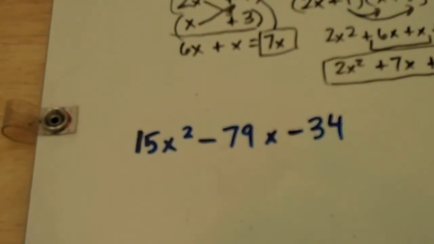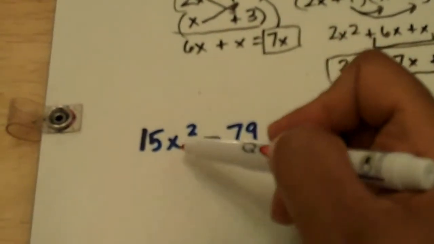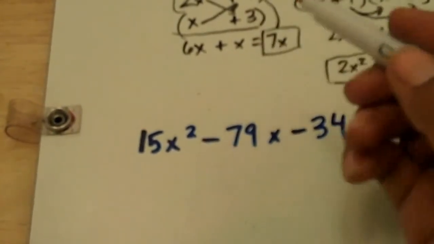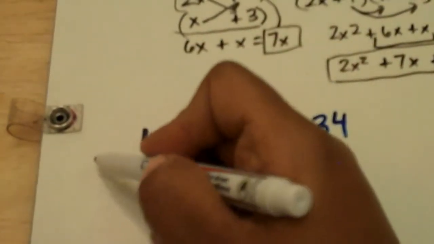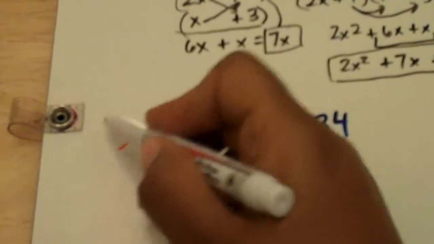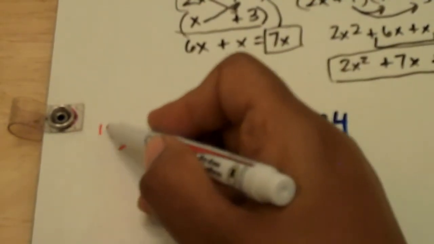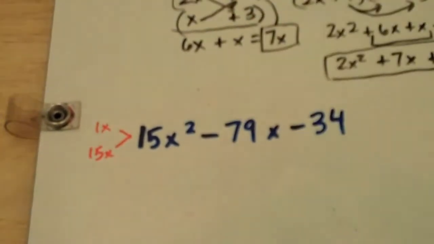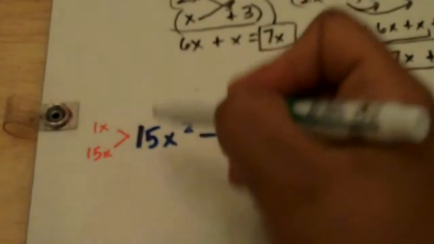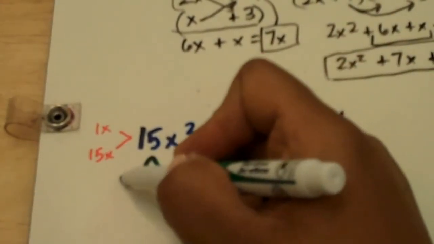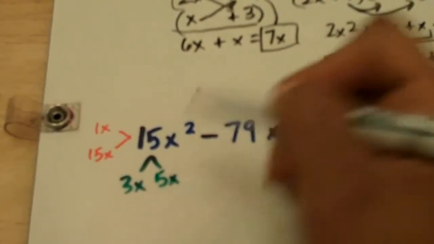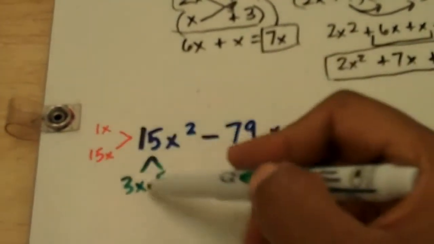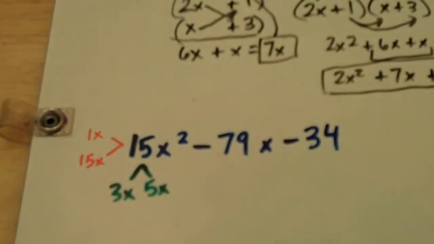If we look at 15x squared, there are a couple things that we can multiply to get 15x squared. There's 1x and 15x. Or, what I would probably start with would be 3x and 5x to get 15x squared. We can try either one, but we know those are our options.